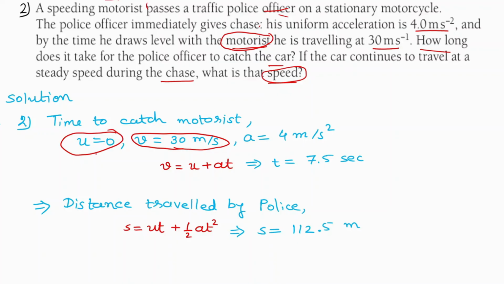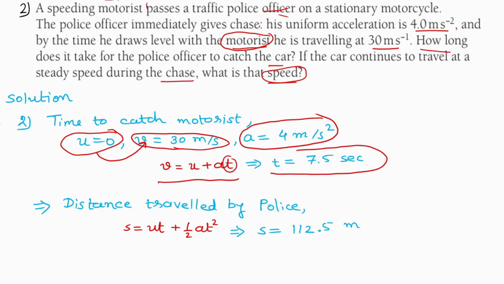And changing this velocity from 0 to 30 meter per second needs some acceleration, which here is 4 meter per second square. Now we use this equation because we know V, U, and A, and we need to find T. So T is 7.5 seconds. After this time, the police officer catches the motorist.